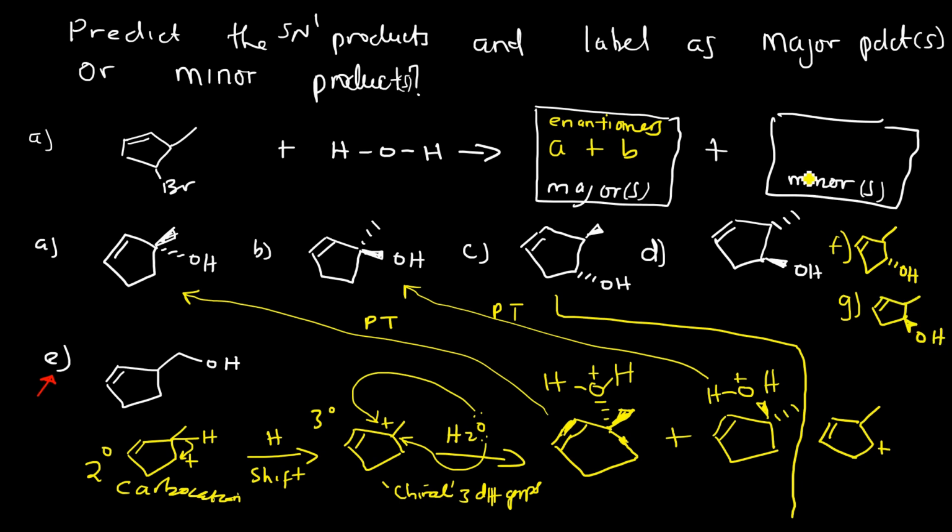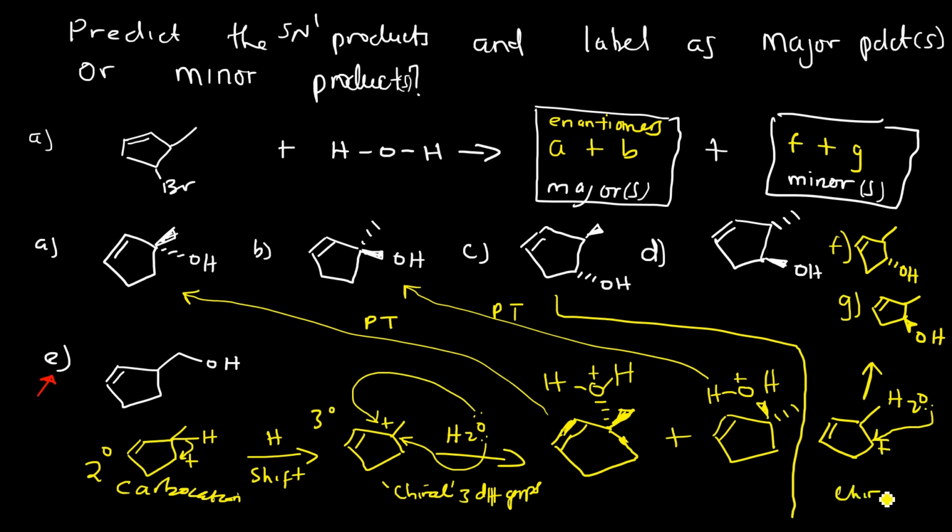So the minor product should be F and G. Because this stereochemistry is not, the bond type is not affected. The water is just simply attacking the carbocation. It's not interfering with the methyl. And again, it's a chiral carbocation.